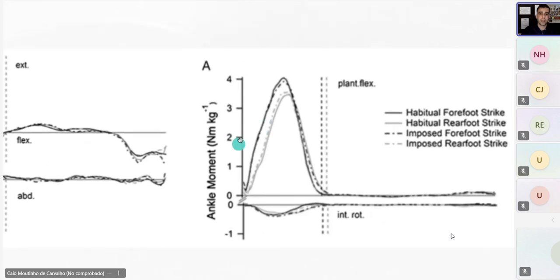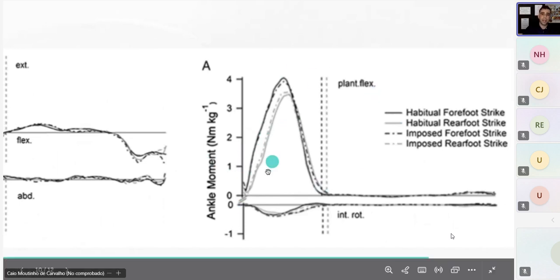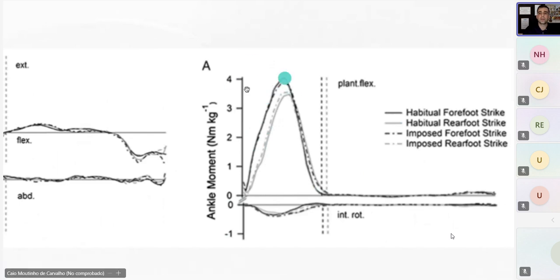And in the same way, the ankle moment is really the opposite. The plantar flexion moment of your ankle is way bigger in situations with forefoot than it is on rear foot.